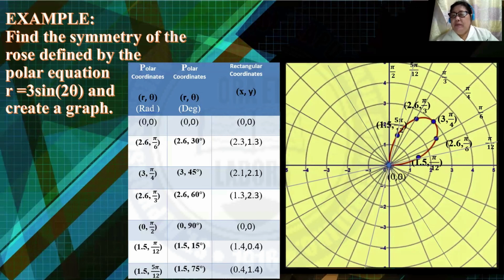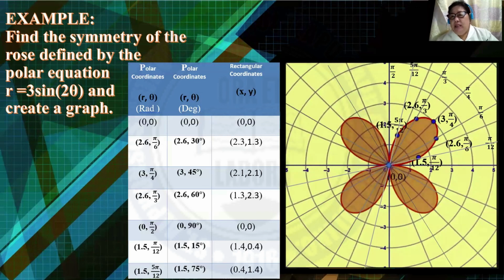And you have to reflect the petal to the different quadrants. And you can color your work. Then you have now the 4-petaled rose. This is now the graph of r equals 3 sine 2 theta.